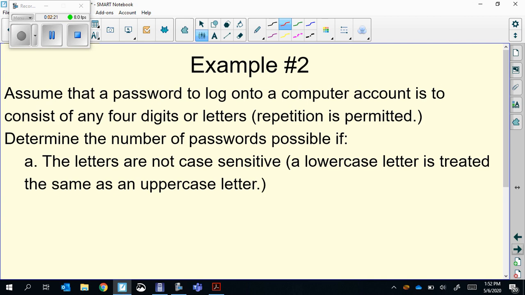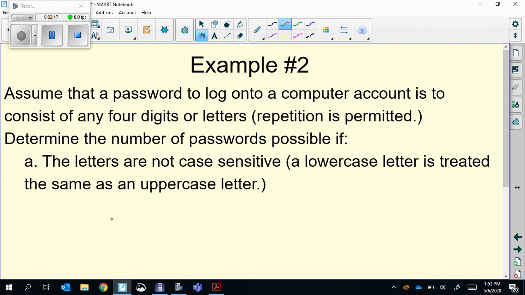Assume that a password to log into a computer account is to consist of any 4 digits or letters, and repetition is permitted. Determine the number of passwords possible if the letters are not case sensitive. That means it doesn't matter if you do capital or lowercase a or whatever, it's treated the same way, so there's only 26. If capital mattered, then you'd have 26 lowercase and 26 uppercase.